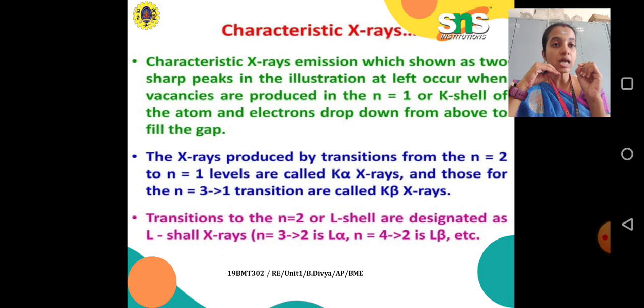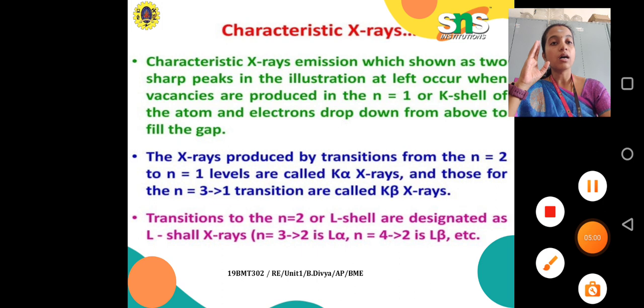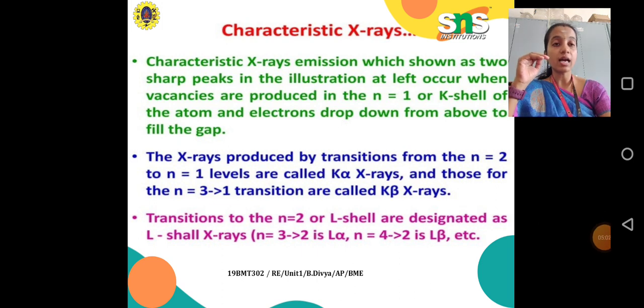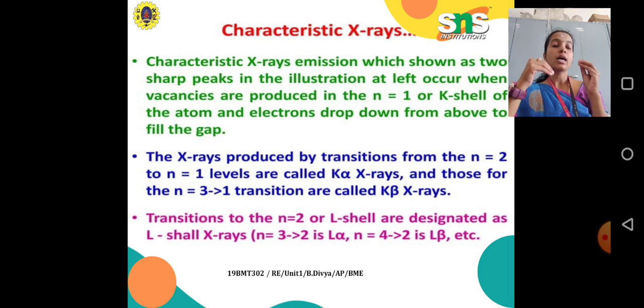K beta X-rays. When an electron moves from n equals 2 to n equals 1, it is called K alpha X-rays, and those from n equals 3 or higher to 1 are called K beta X-rays.